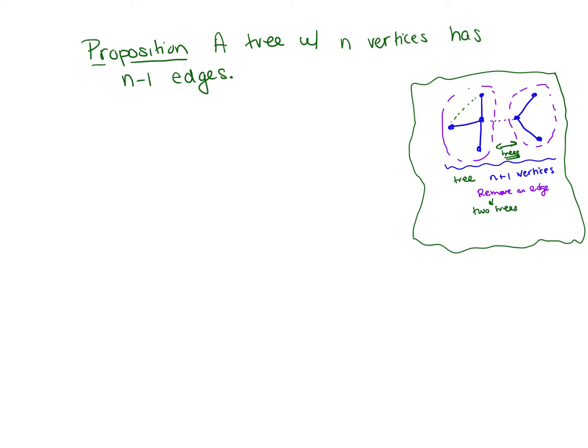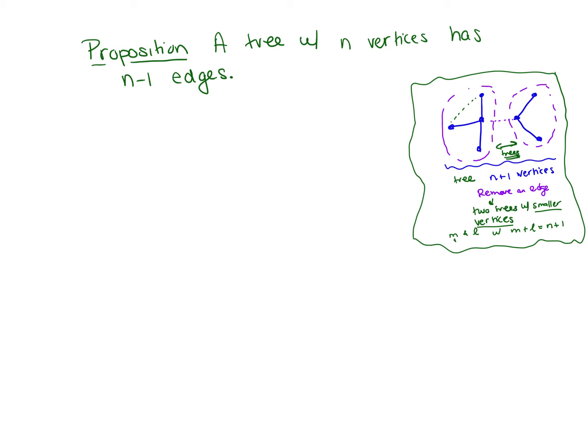But these trees both have a smaller number of vertices. They don't necessarily have n vertices, because I removed an arbitrary edge in the middle there, but they should have a smaller number of vertices. If I've assumed every one of smaller size has the right number of edges, then I'll know that this one does. So let's say I have m and l vertices with m plus l equal to n plus 1.